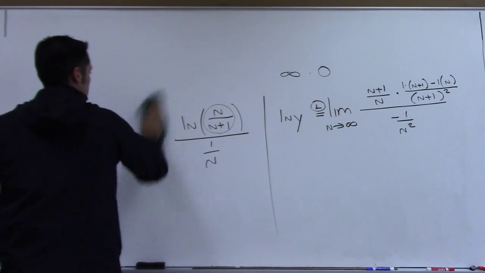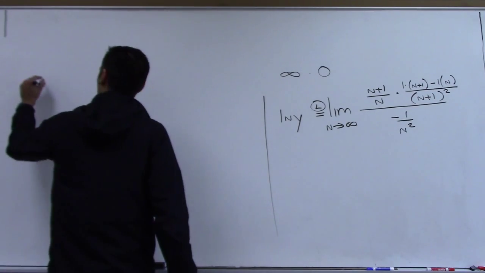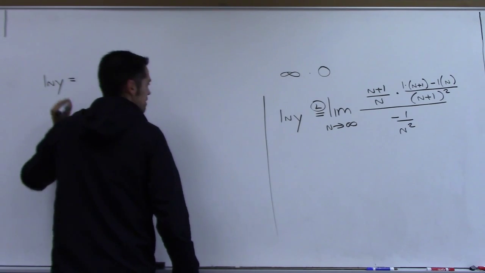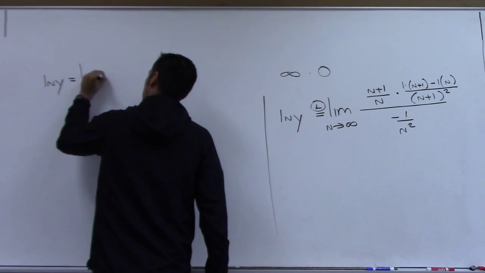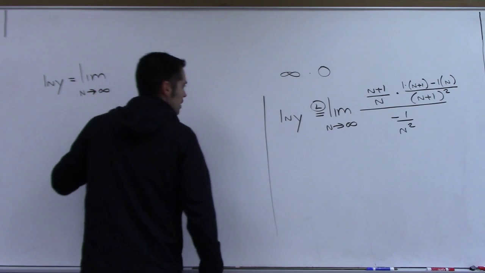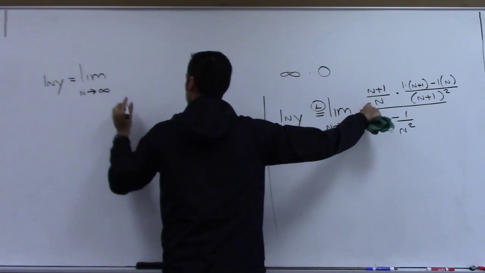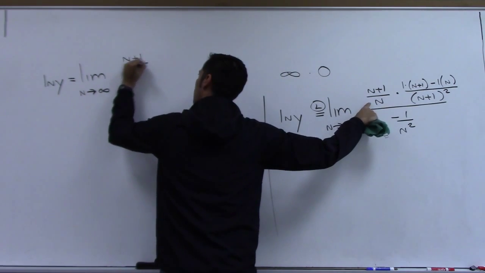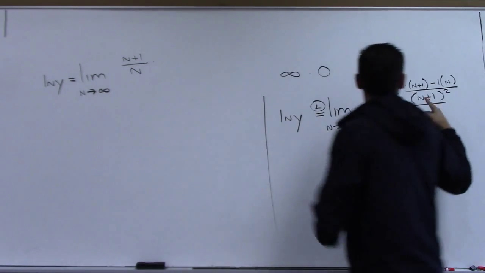Let me try and clean it up a little bit. I have natural log y on the left side, limit as n goes to infinity, and this piece is n plus 1 over n times, what does this clean up to?